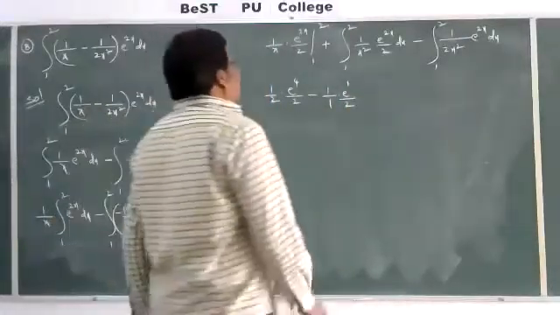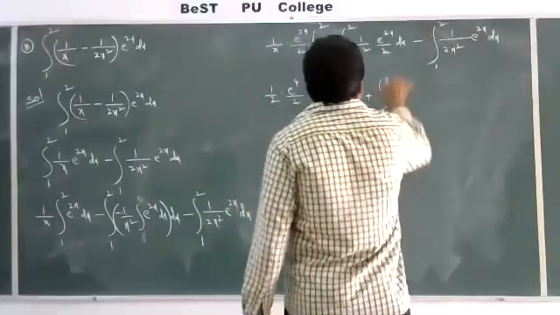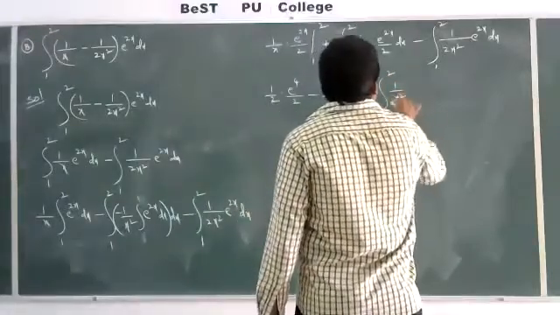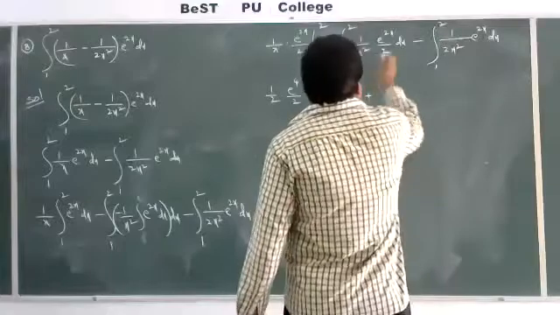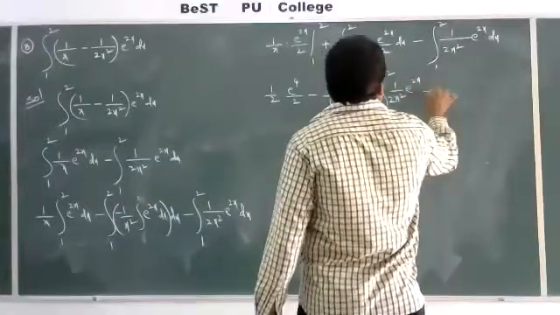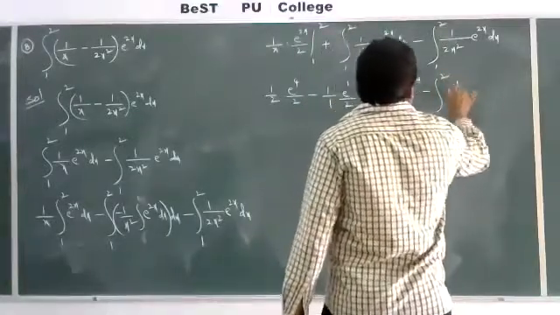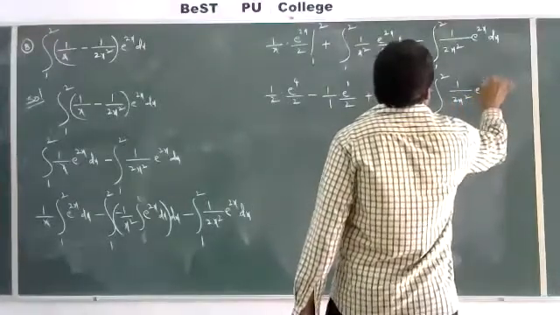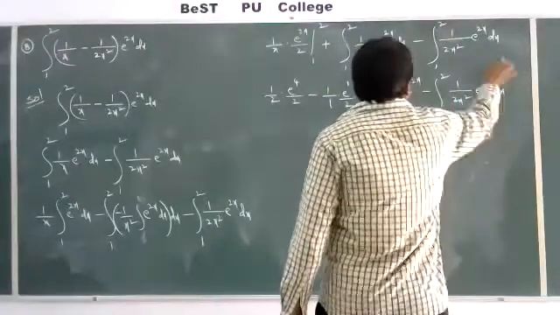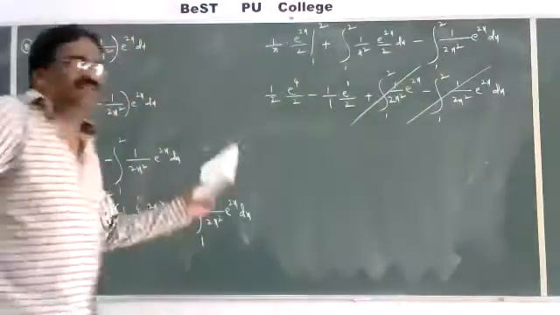Upper limit minus lower limit, plus this integral 1 to 2, 1 by 2x square into e power 2x, minus integral 1 to 2, 1 by 2x square e power 2x dx. Both are same but opposite sign. That's why both cancel.